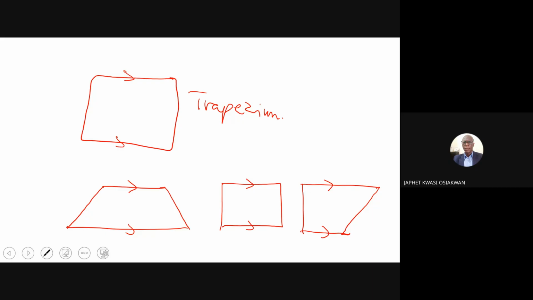Is that clear? Now, pay attention. I'm using two minutes. After that, you can ask your question. If you take any quadrilateral with one pair of opposite sides parallel, we say it's a trapezium. On the other hand, if the other pair of sides are also parallel to each other, then this trapezium becomes what? A parallelogram.